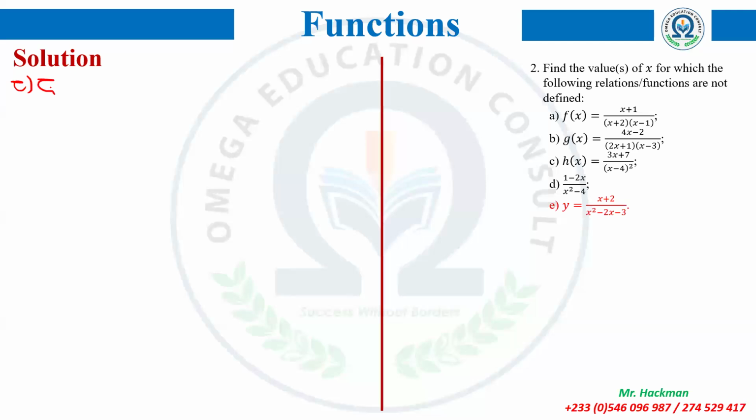So C. What are we given? We are given H of x is equal to 3x plus 7, all over x minus 4 all squared.